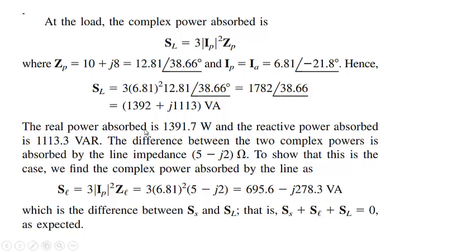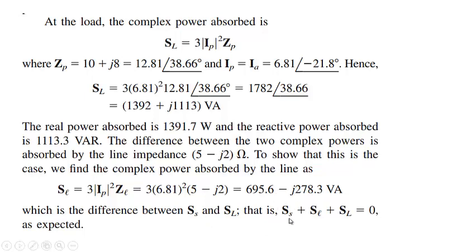The difference between the two complex powers is the complex power absorbed by the line. To show that, you can calculate the complex power that is absorbed by the line as well, that is 3 times IP square into ZL, that is this. It comes out with 695 point this, and you will see the difference between these two, source and load, will be equal to this much.